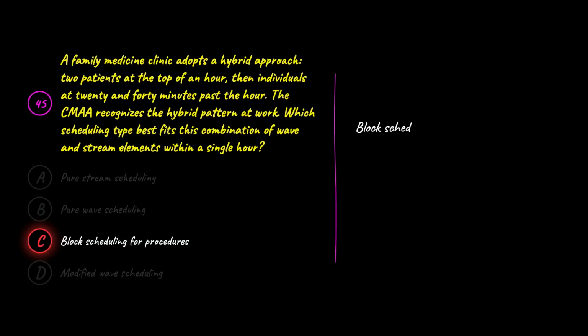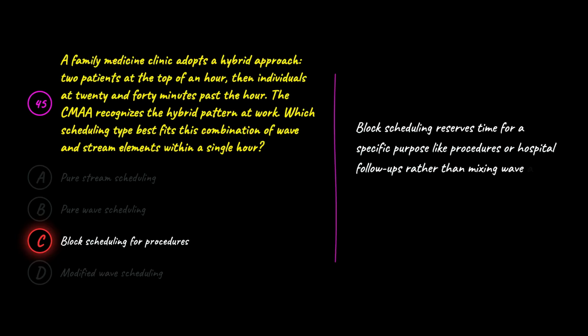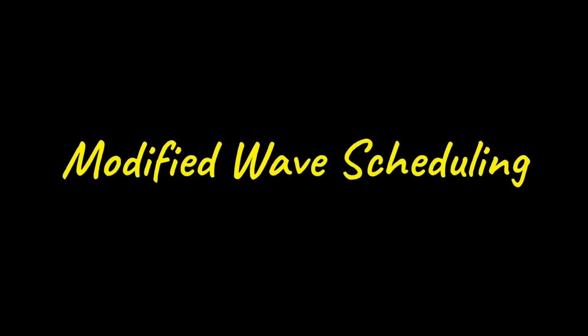C is wrong because block scheduling reserves time for a specific purpose like procedures or hospital follow-ups rather than mixing wave and stream within an hour for routine visits during the regular session. Modified wave scheduling blends wave and stream scheduling within a single hour, smoothing out the mid-hour rush while giving providers built-in recovery time.